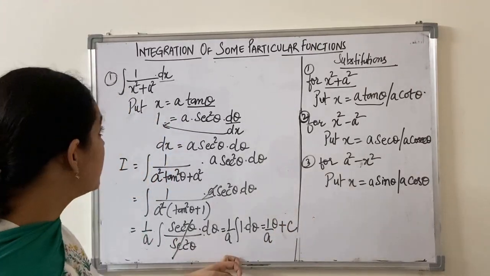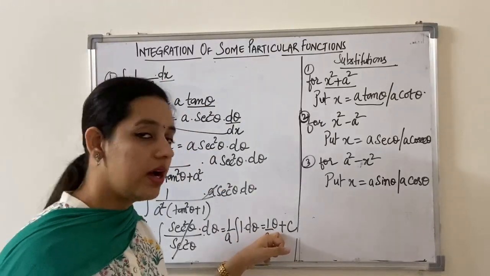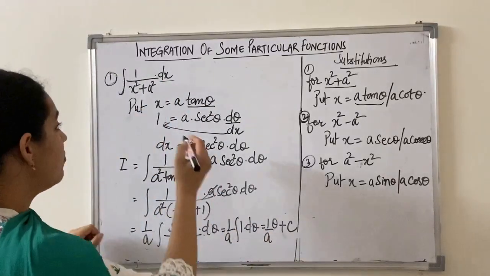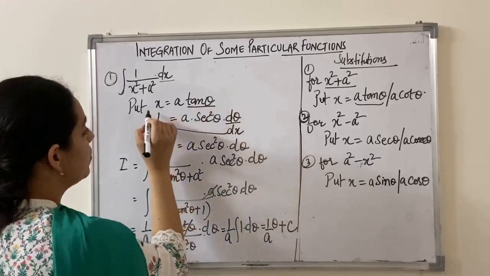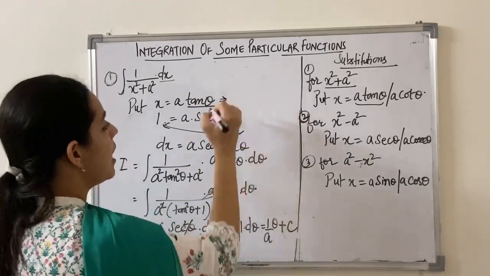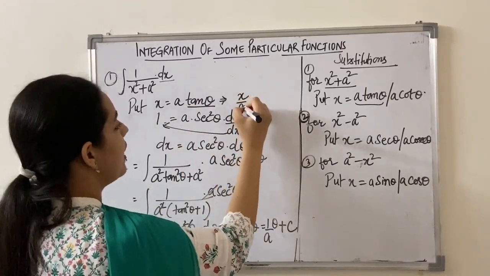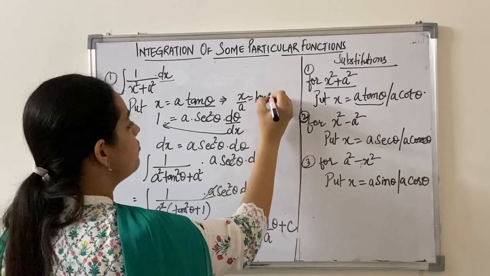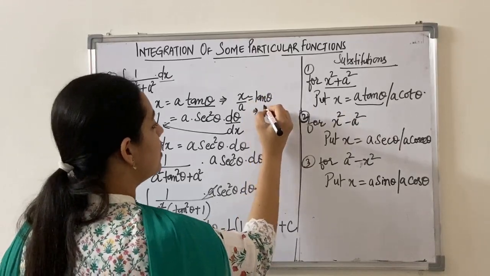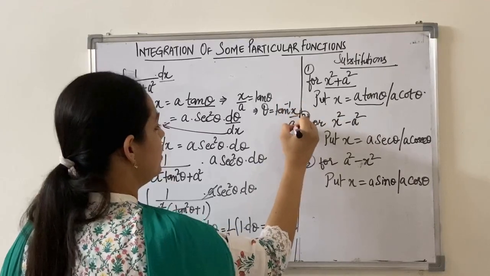Since we had started with the variable as x, we should change this theta again in terms of x. Where we had introduced theta, we had put x as a tan theta. From here we can calculate theta, so we can write x upon a is equal to tan theta, and further theta will be equal to tan inverse of x upon a.